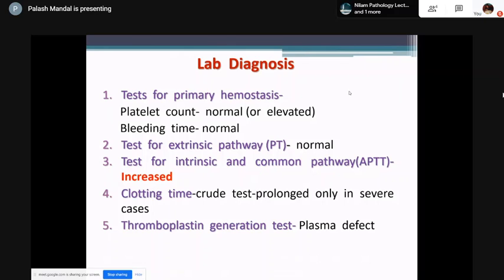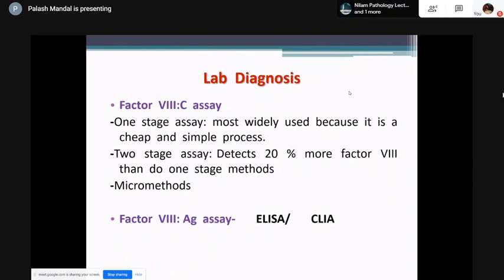Before that, we can think that it is due to coagulation factor deficiency, but just telling that it is a coagulation factor deficiency will not be sufficient, because unless we can pinpoint the particular factor, we cannot treat the person, because we have to supplement this particular deficient factor.